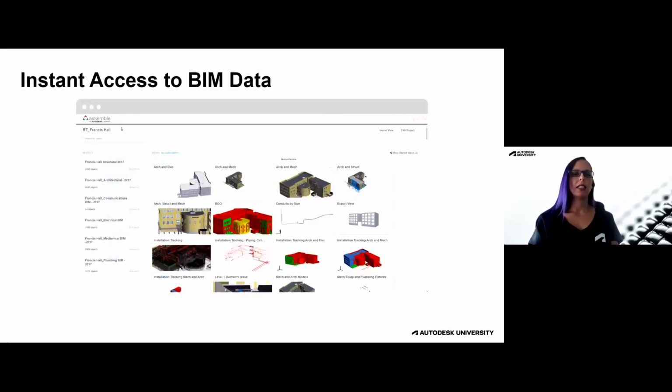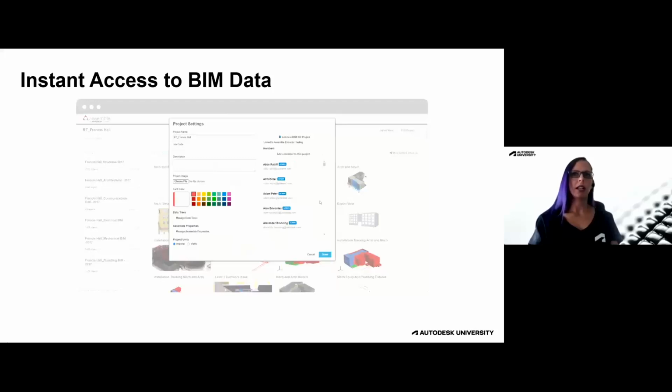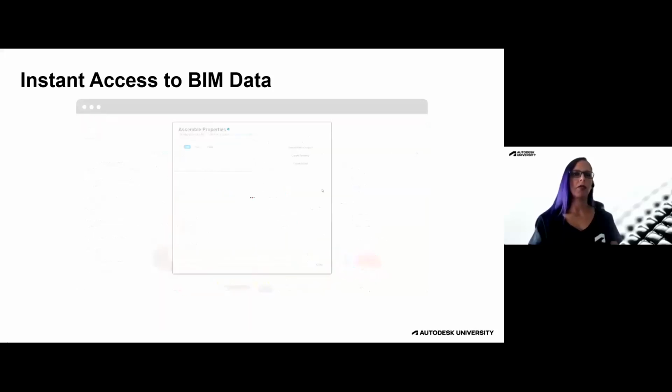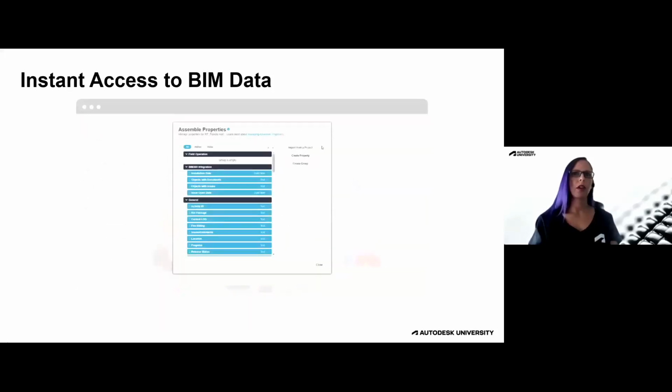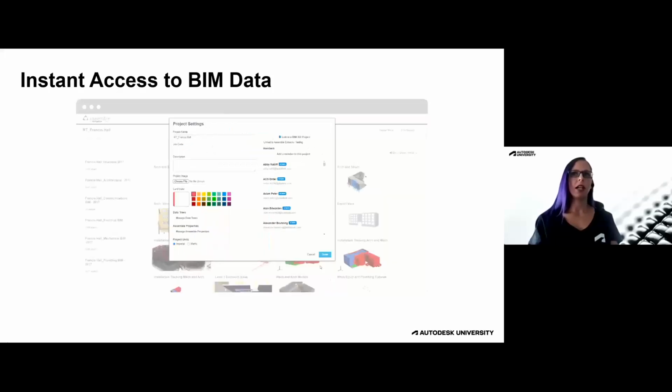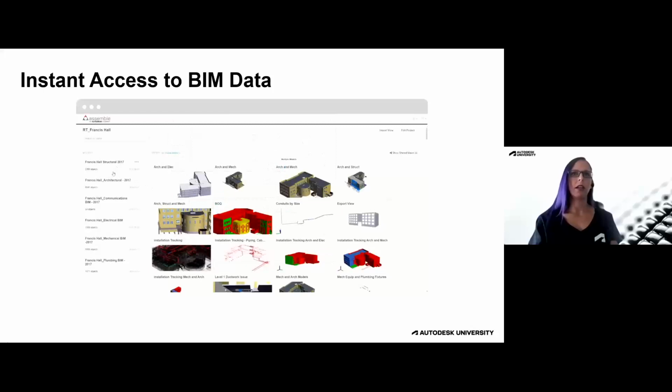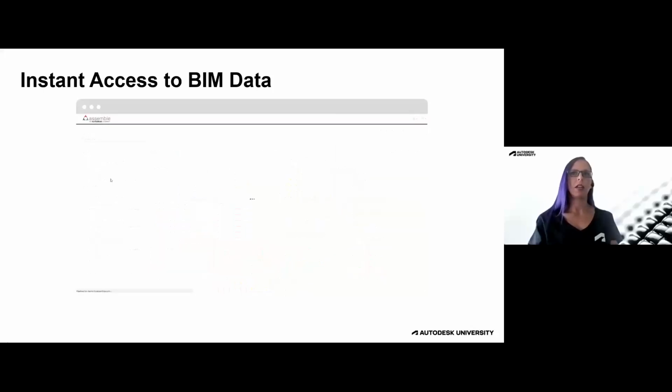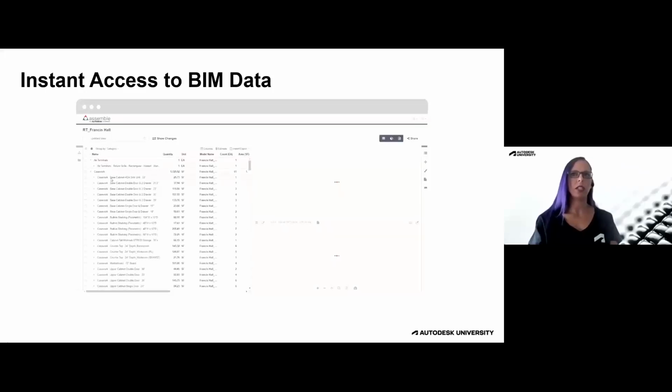Assemble provides instant access to BIM data for pre-construction and construction workflows. We give teams access to models and views created for the project. To bridge the gap between design and construction, we give you the option to add custom properties that aid in conditioning quantities and relevant project data with real-time visualizations with our 2D sheets and 3D model views.